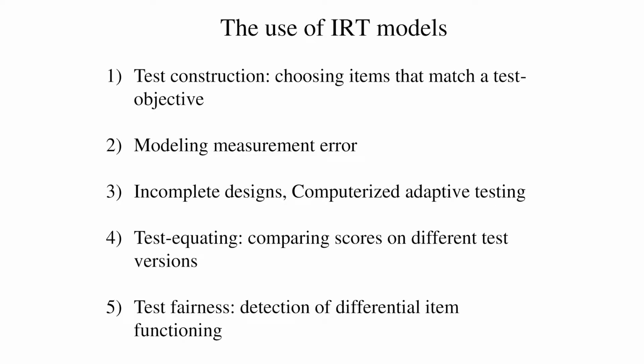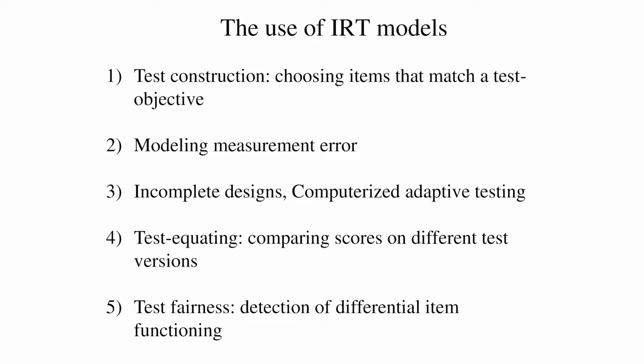Then the final sheet in this introduction is what are these models good for? Well, I've mapped here a couple of points. The first one is test construction. IRT gives you the possibility of choosing items to match a certain test objective.